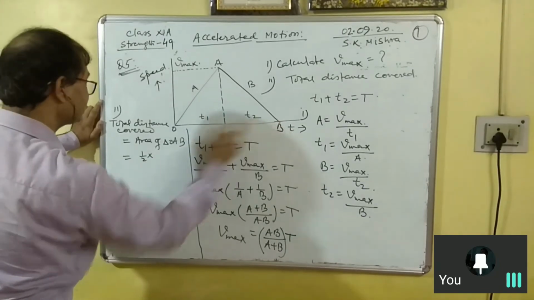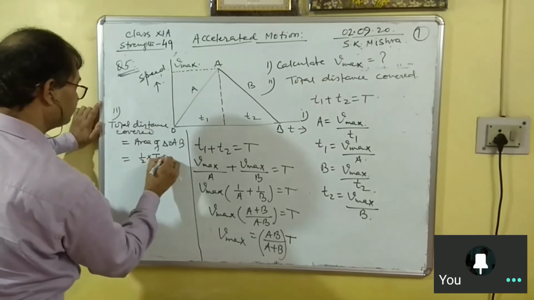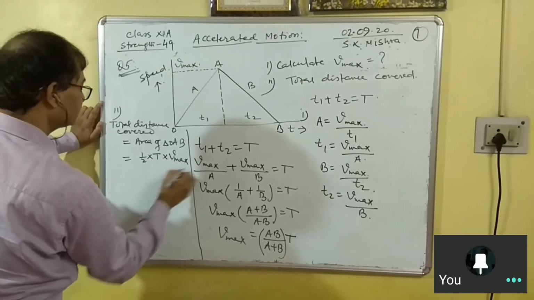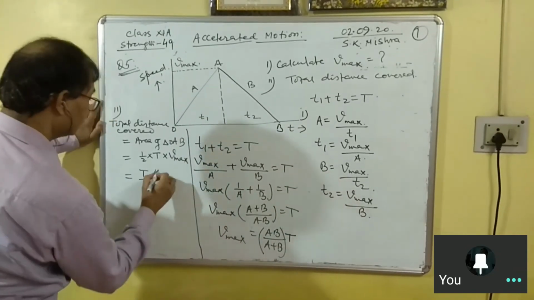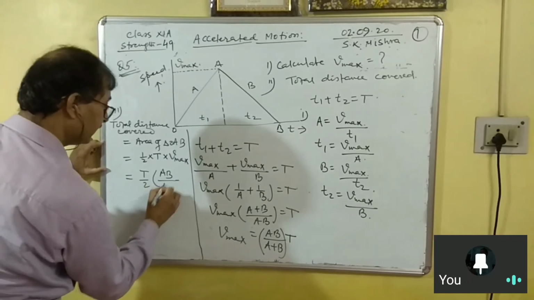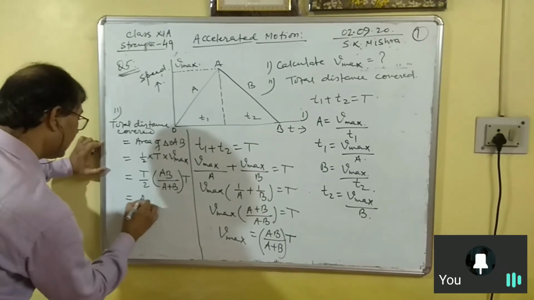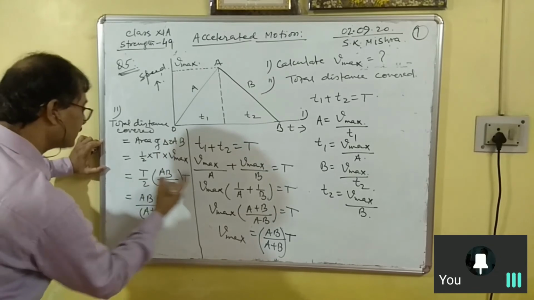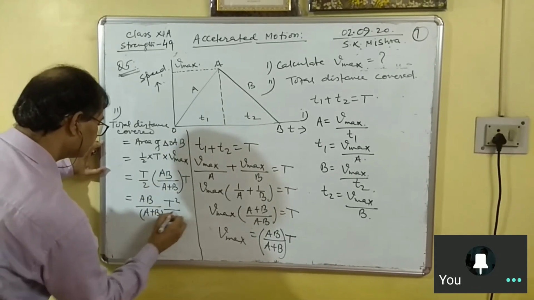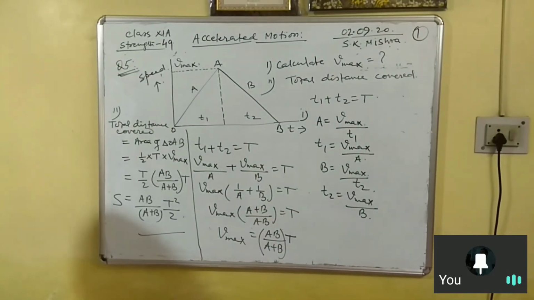This base is nothing but capital T, and this height is nothing but Vmax. So let me put the value. This is T by 2, and Vmax you have calculated, AB by A plus B into T. So it's nothing but AB by A plus B into T square by 2. This gives you the total distance covered. So total distance covered is AB by A plus B into T square by 2.